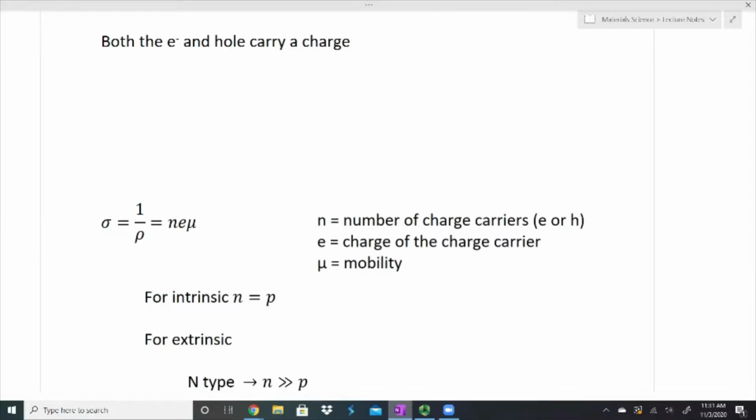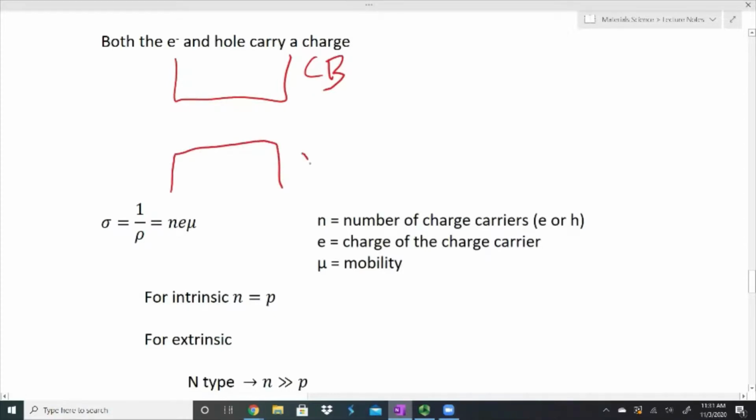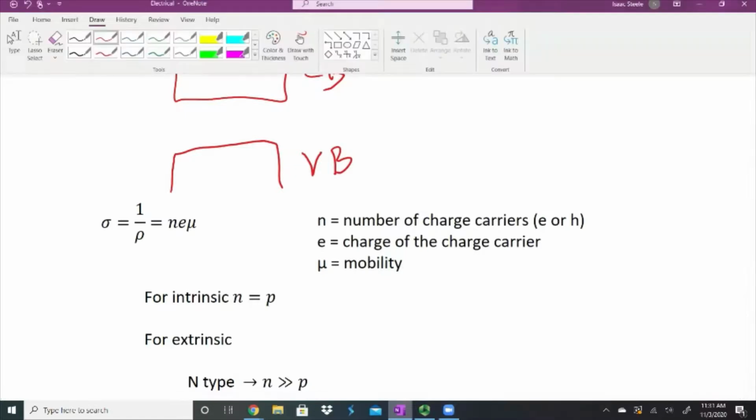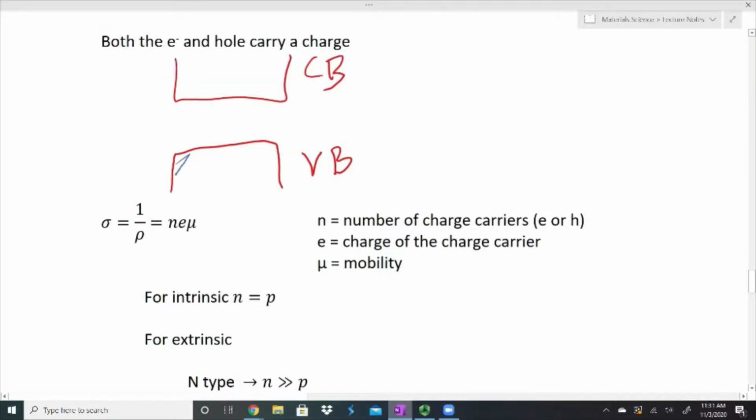We have our conduction band. We have our valence band. And our valence band is filled with electrons. But what I can do is if I can promote one of these, so this would be like pure silicon, an intrinsic semiconductor.